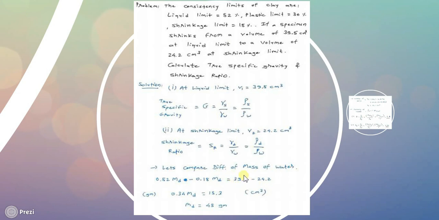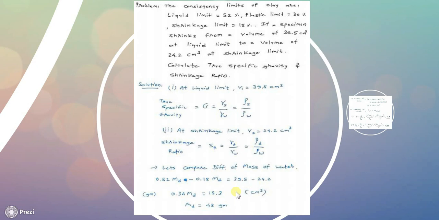At case 1 the liquid limit was 52 percent, so I'll write 0.52 into MD, where MD is the mass of dry soil, minus the case 2 term. At case 2, when the volume shrunk, the shrinkage limit was 18 percent, so I'll write 0.18 into MD, and this gap, 0.34 MD, will give me the MD. MD, the mass of dry soil, is equal to 45 grams.